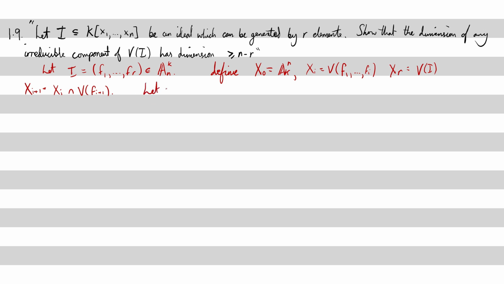So we want to let Yi be an irreducible component of our Xi. Then it has to be contained fully within another irreducible component of X(i-1).